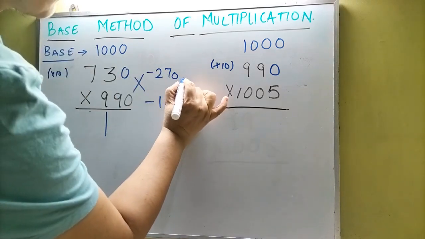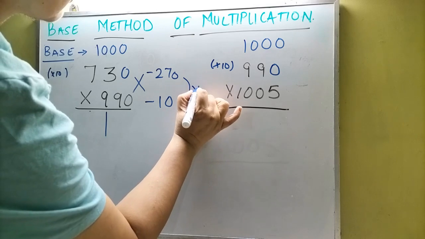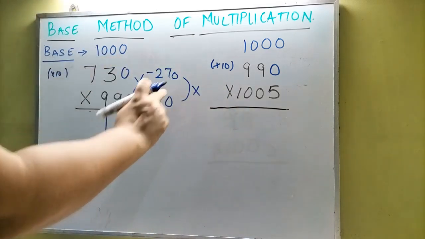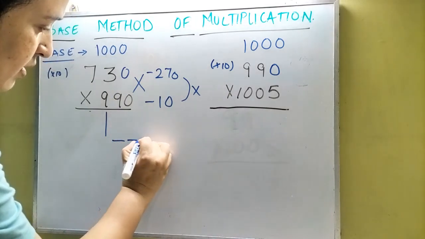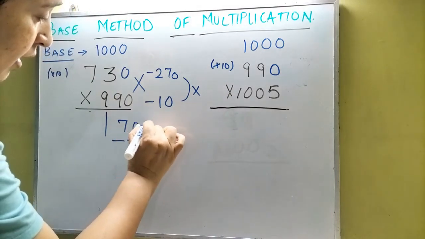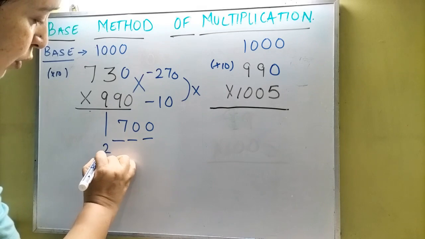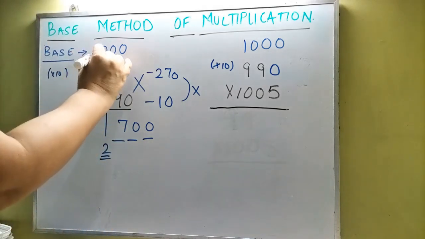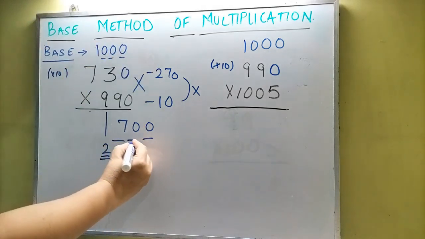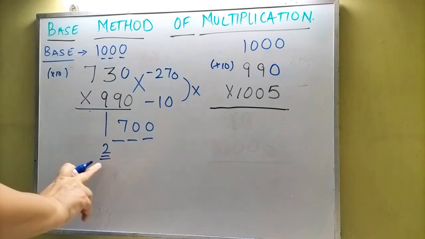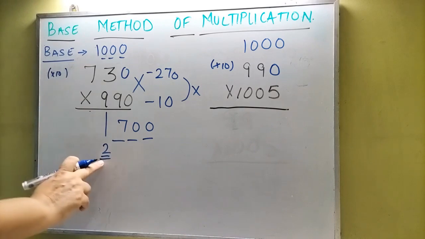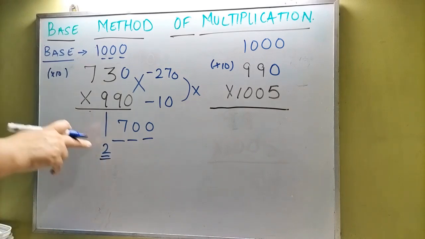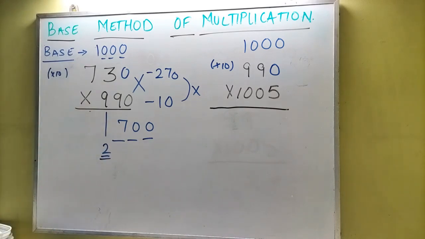I first multiply these two differences, 270 and 10, in which case I get 2700. I write 700 here, and the 2 I am going to write separately because I have 3 digits here, so I have only space for 3 digits. So my 2 goes down below here.